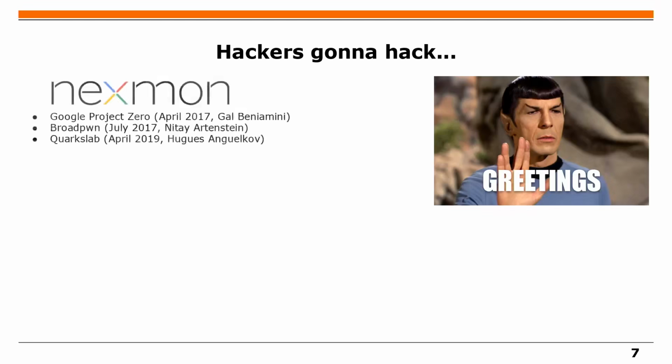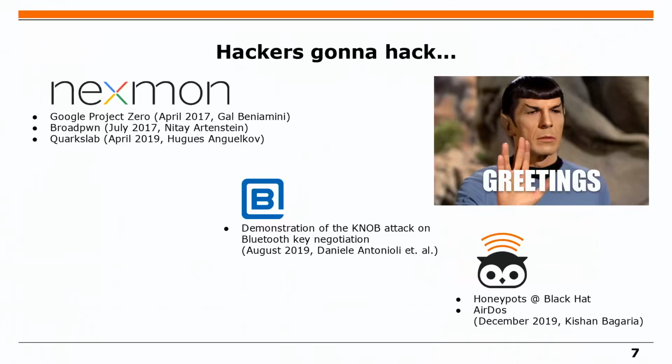There were 3 groups using Nexmon for Wi-Fi exploitation, at least what is publicly known, and the bigger ones. Maybe I forgot someone, but there's a lot of exploitation going on there. Then InternalBlue has been used to demonstrate an attack against the key negotiation of Bluetooth just this August. And the Open AirDrop implementation was used for some honeypots at Black Hat and AirDoS, and a lot of stuff is going on there.